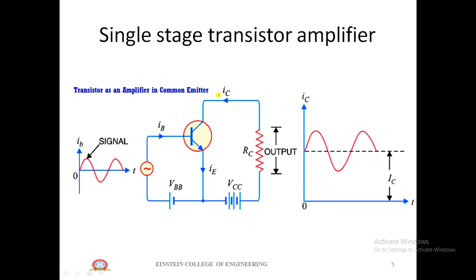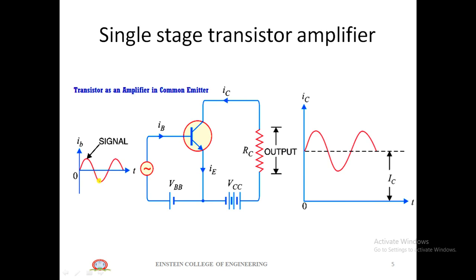So the collector current also increases, depending upon the gain factor. If the collector current increases, this current will flow through the load resistance RC. Thus, the voltage across the load also increases. So we get the amplified voltage on the load resistance side.